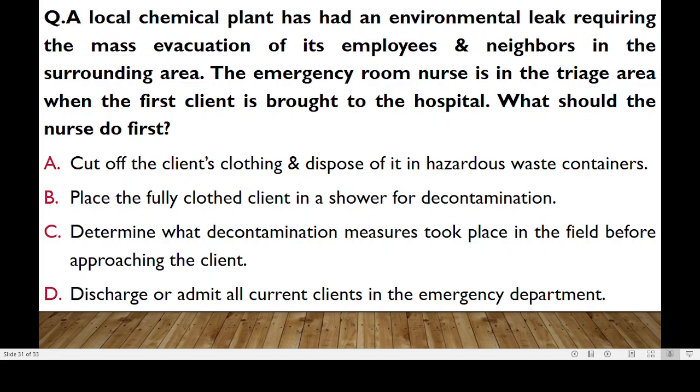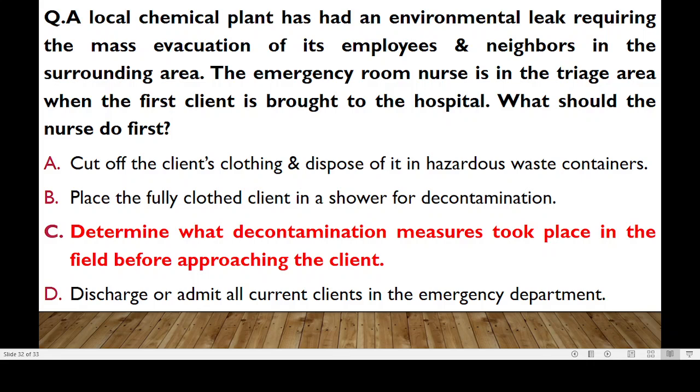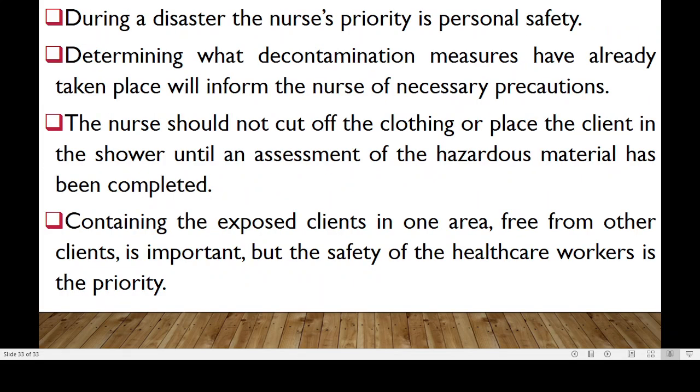Looking at all the options, and looking at your safety as the healthcare provider first, you need to determine the decontamination measures that took place in the field before approaching the client. During a disaster, the nurse's priority is personal safety. So determining what decontamination measures have already taken place will inform the nurse of the necessary precautions.